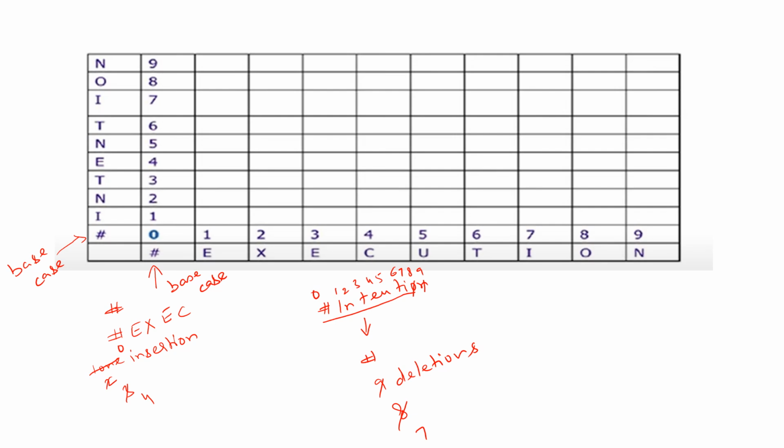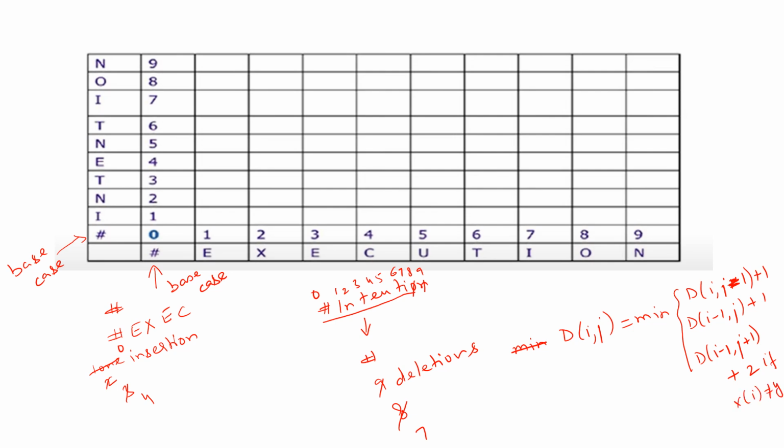Next, what I need to do is find the minimum distance if there's an insertion, deletion, or substitution. So how do I find it? The condition is d of i j is the minimum of d of i, j minus 1 plus 1, or d of i minus 1, j plus 1, or d of i minus 1, j minus 1 plus 2 if the characters are different, that is if x of i is not equal to y of j.